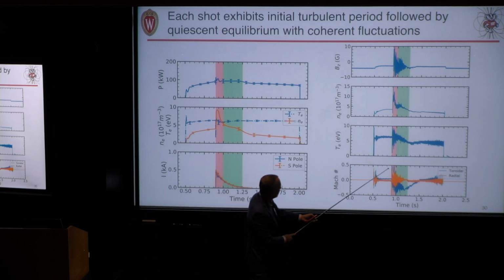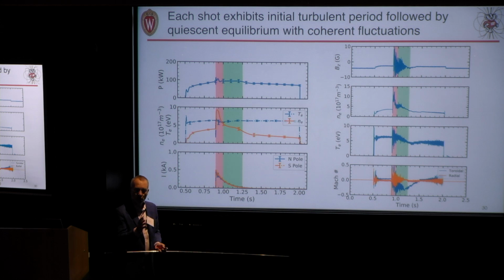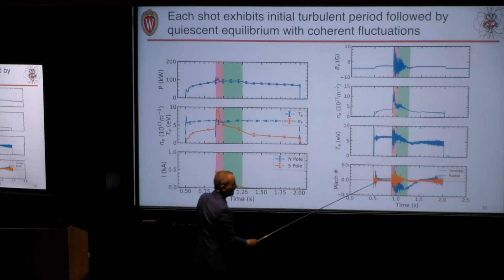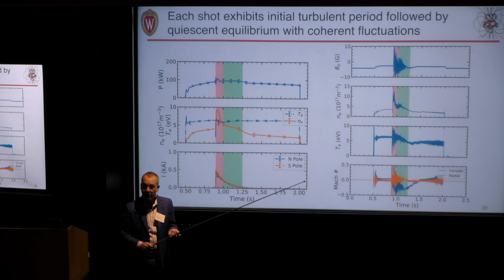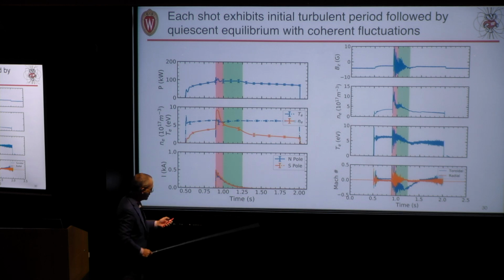And then there's what I'll refer to as a more laminar or coherent phase, where we can see the individual modes that ultimately we believe lead to the turbulent phase. And I'll show you simulations that show how there's a transition from laminar to unstable to turbulent as we go from low to medium to high current.